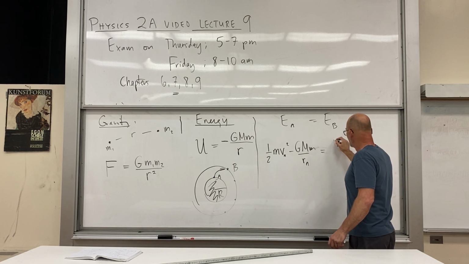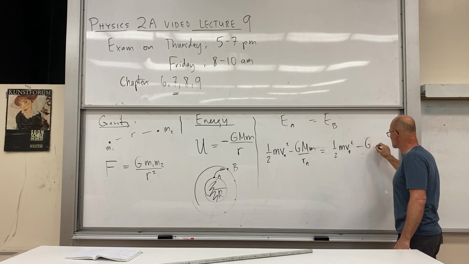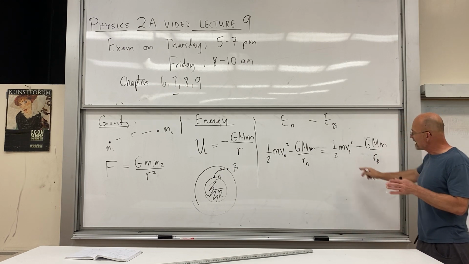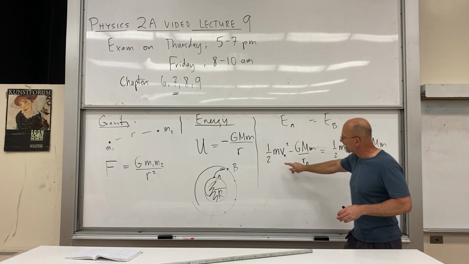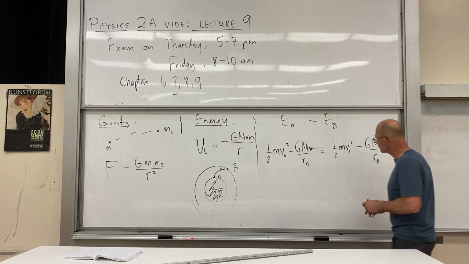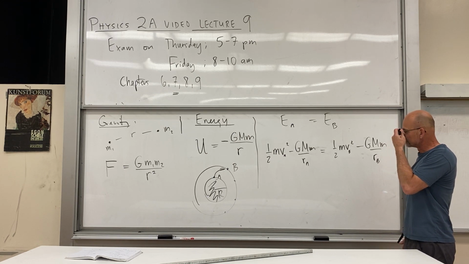Energy, right? I'm writing the kinetic energy plus the potential energy. But the potential energy has its minus sign, okay? This is kinetic plus potential, but it has its minus sign. So you write it down this way, and now you have one equation you can solve for one unknown.